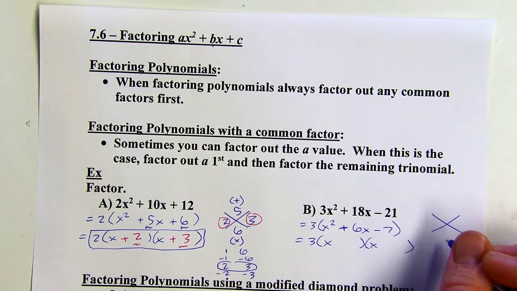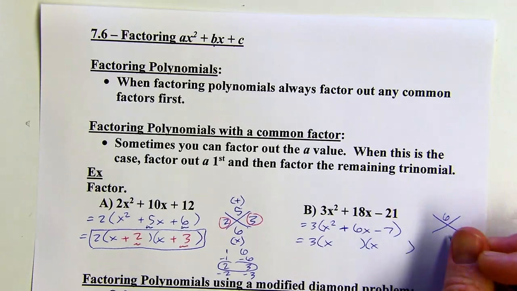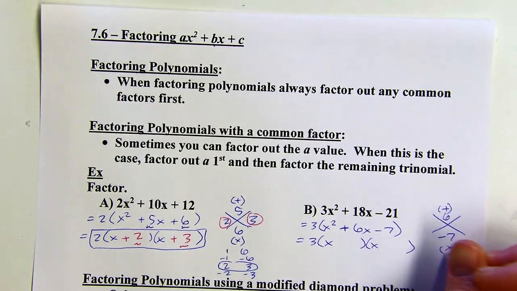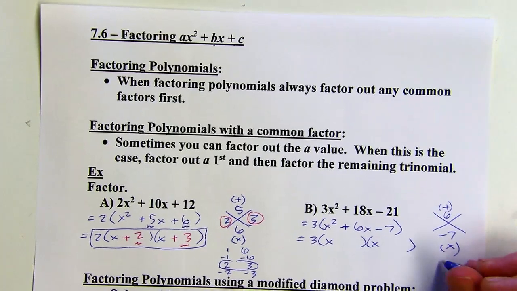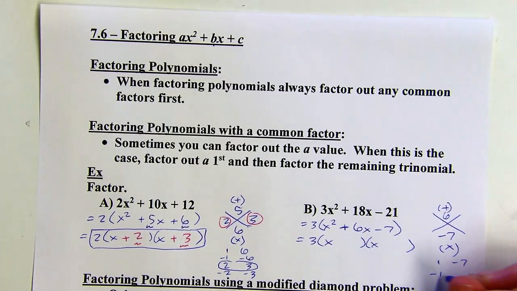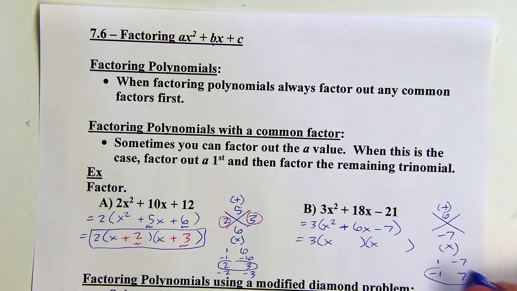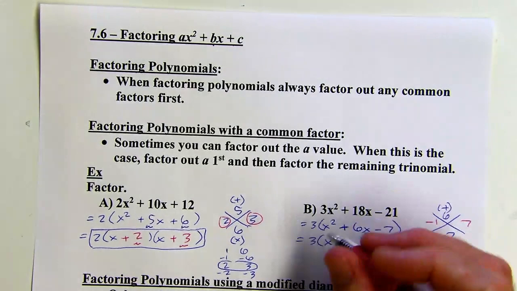I'm going to use a diamond problem. Got another method that works, that's fine. So I'm going to put the 6 up here and the negative 7 there. So now I'm looking for two numbers that multiply to negative 7. Well, there's not that many options. There's really only 2 options using integers, and the only one that adds up to positive 6 is that one. So I got negative 1 and positive 7.